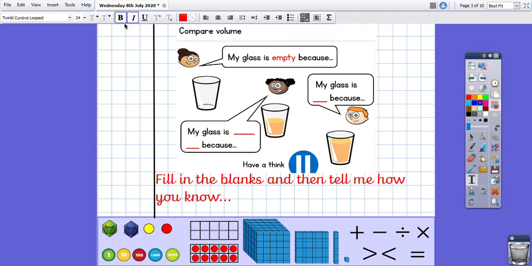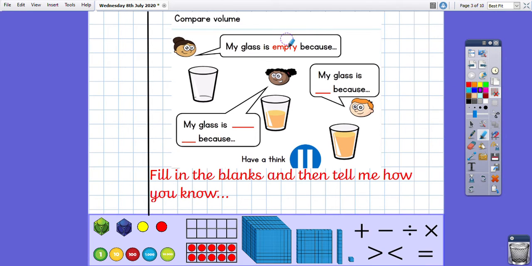Okay, we need to compare the volume. So my glass is empty because. So this girl has used the word empty. So what could this girl say? My glass is something something because. What is her glass? It's not empty.